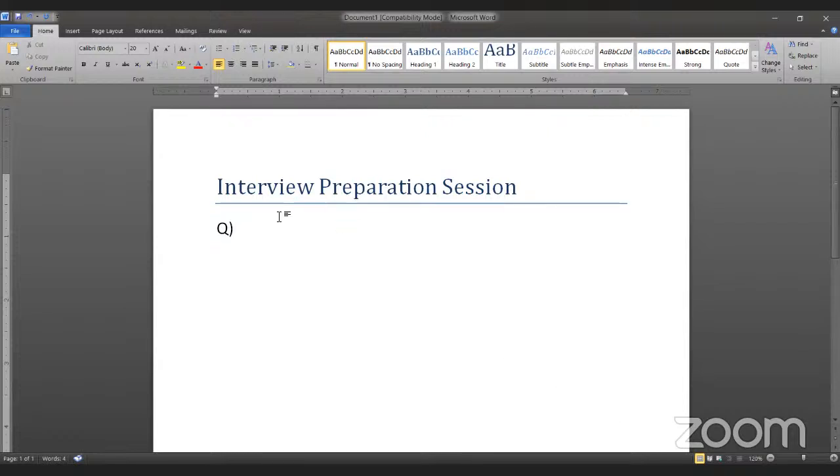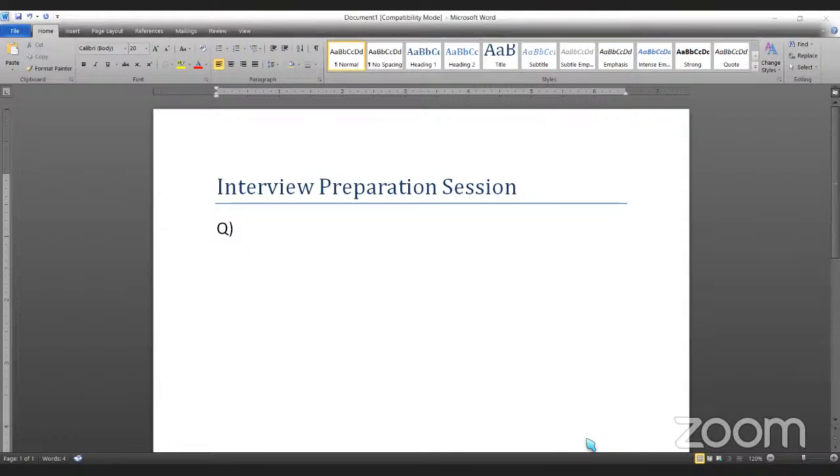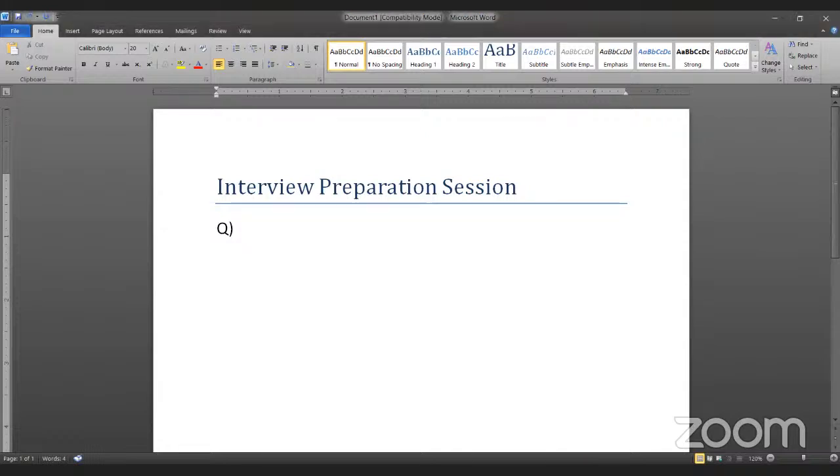Let's start with what is central limit theorem. So, friends, what is central limit theorem?